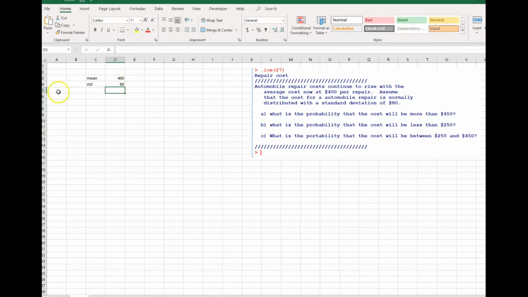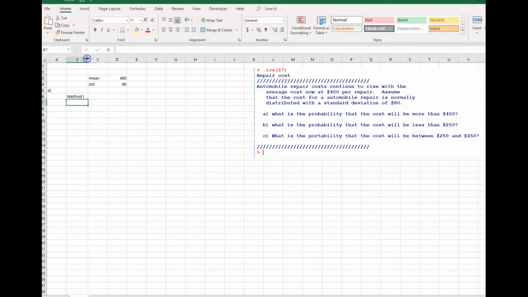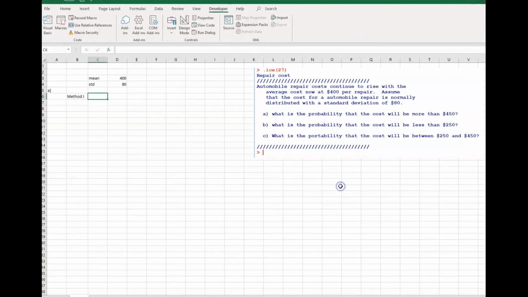For A, we have two methods. Let's look at method 1. In method 1, I standardize my value, then compare with the standard normal distribution.